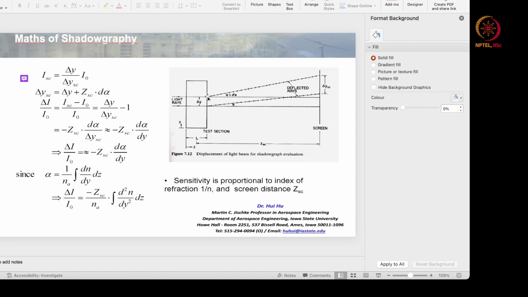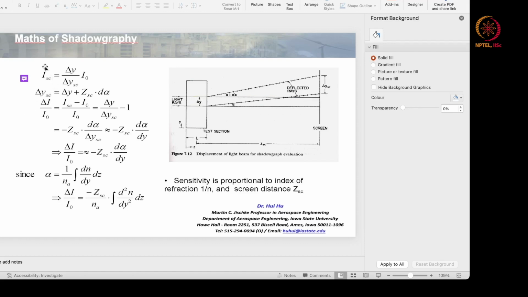So it gets deflected, and you can see there is this angle alpha by which this displacement has happened, and it has illuminated a length on the screen, which corresponds to this length delta y, that is delta YSC. So this was the light beam. This is where the light beam ends up, and this would have been the original path of the light beam.